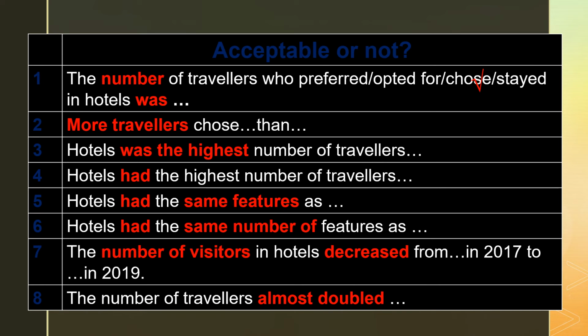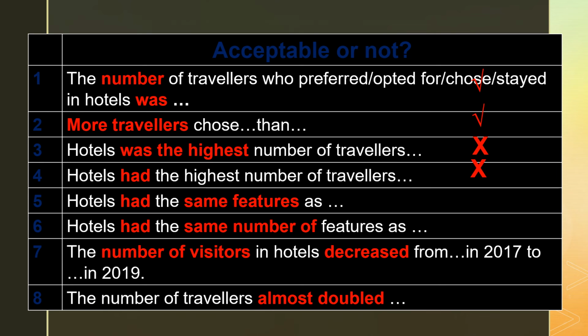What about number 2? More travelers choose. You put here the correct accommodation. What about number 3? Hotel was the highest number of travelers. Wrong subject reference. Even 4 also wrong. Hotel had the highest number of travelers, remember?